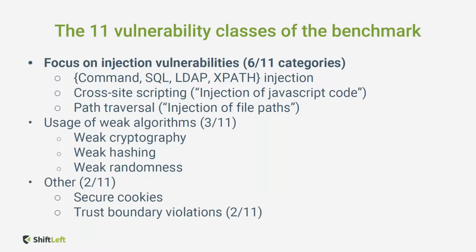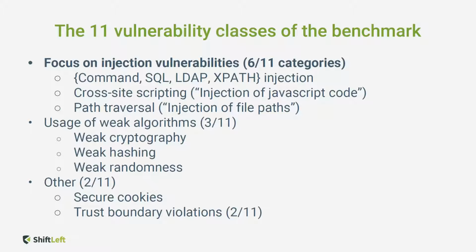If you look into the details of that benchmark, then you will see that there are 11 categories, and there's a very clear focus on injection vulnerabilities. I guess that also makes a lot of sense because injection vulnerabilities in web applications are really one of the primary security problems we face in the code today.